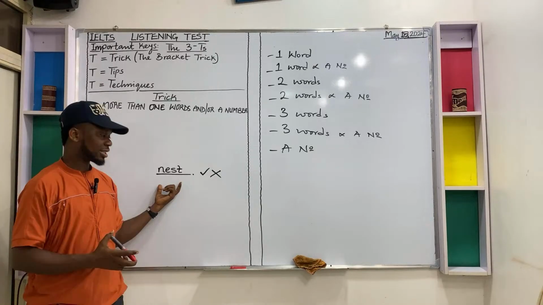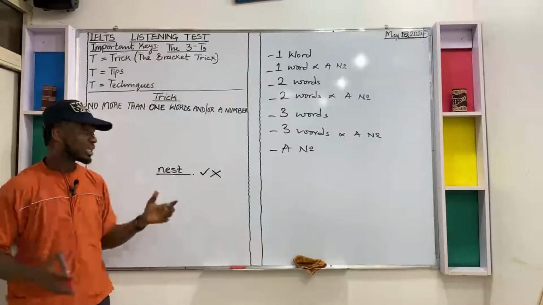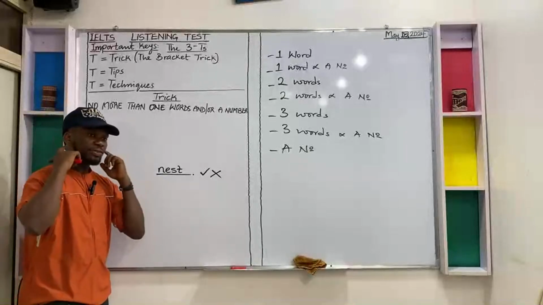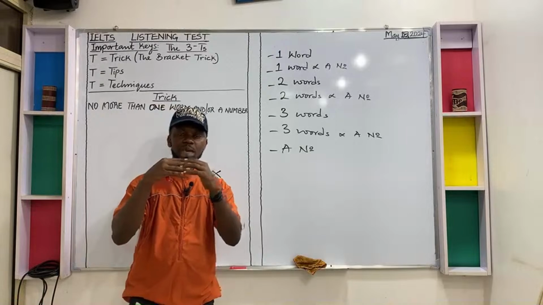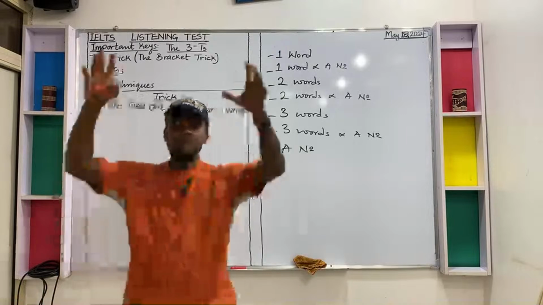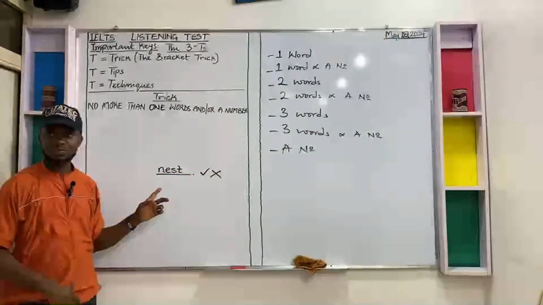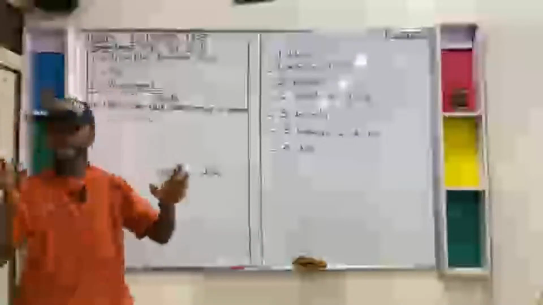So how can this be correct? It may be correct if their nest is a big nest for all of them teaming up, everybody contributing to build a big nest.